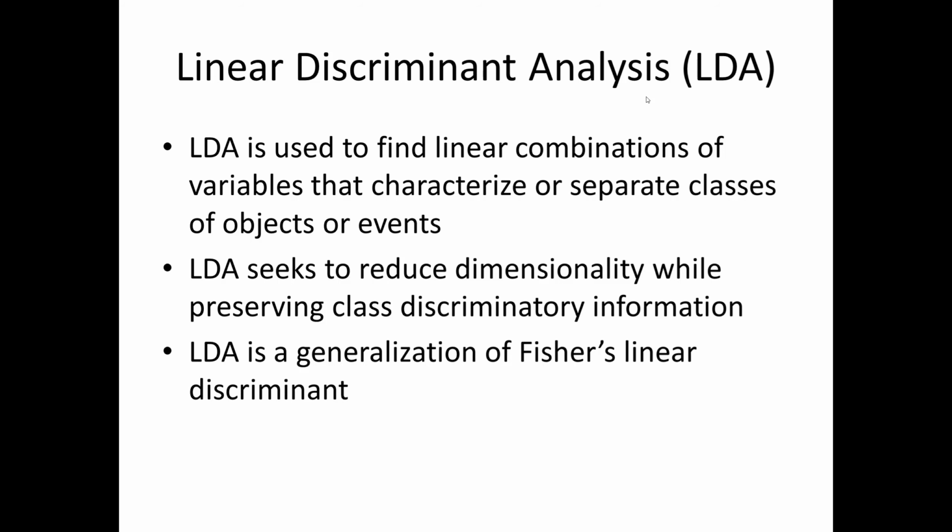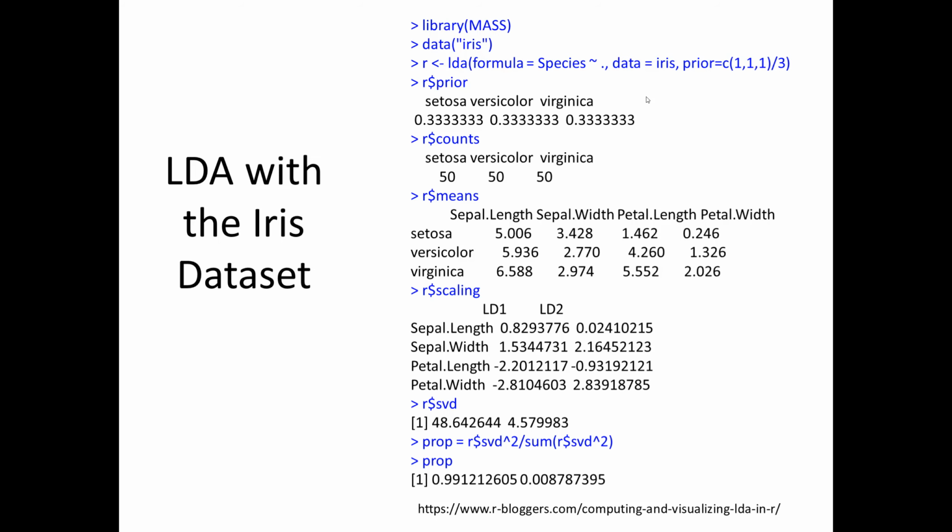So let's look at an example. We're going to look at the iris data set again, but instead of doing a principal component analysis on it, we're going to do a linear discriminant analysis on it. So instead of trying to preserve the variance in the data set, we're going to look at the separation of what categorizes this data, which is the type of iris: Setosa, Virginica, or Versicolor.